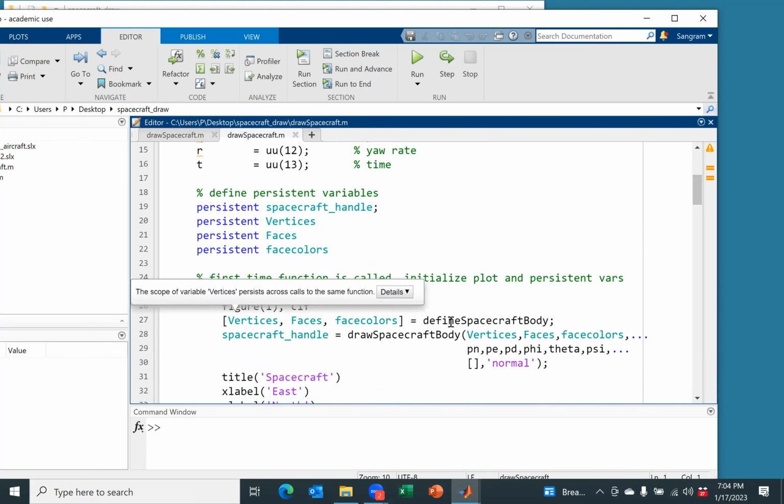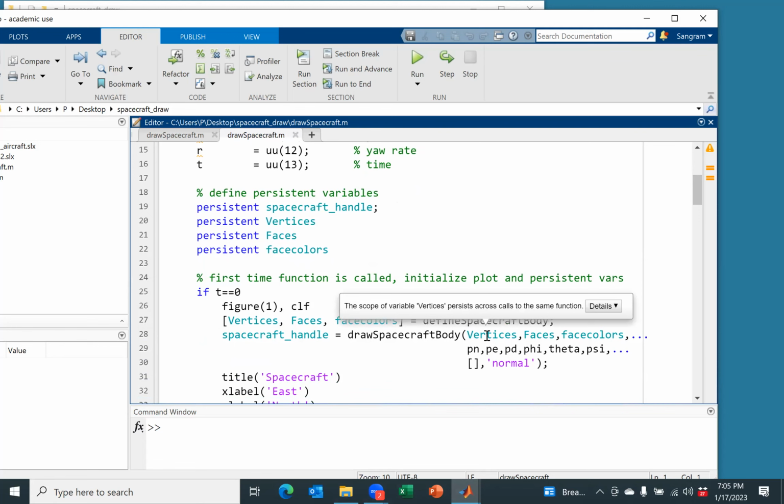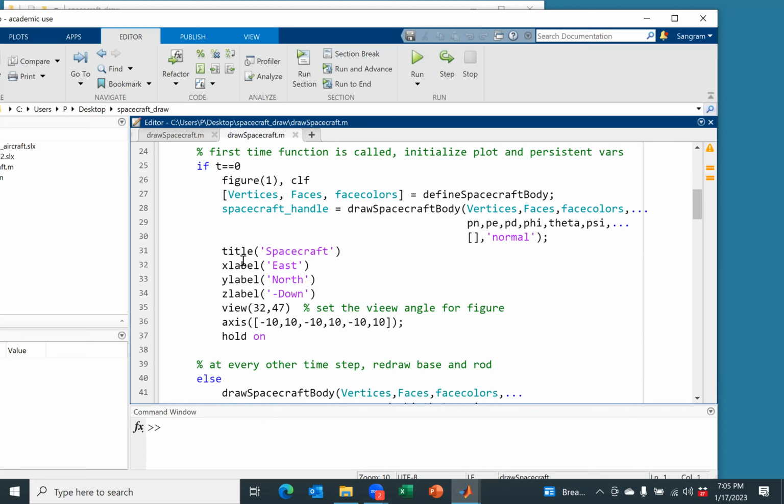I define this function, and I create a spacecraft handle, and this function draws the spacecraft body, takes the vertices, faces, and face colors, and then takes the vectors north, east, down, and theta, psi, phi. So I'm looking at x, y, z, and roll, pitch, and yaw. And then I add the title and then create the graph.